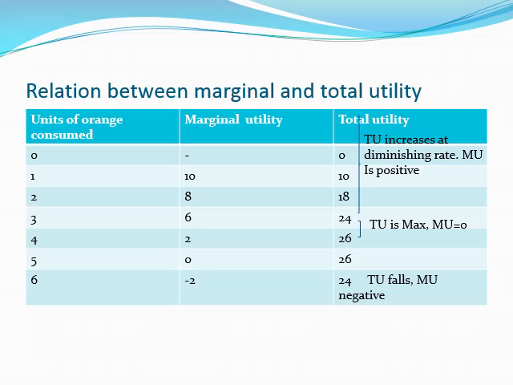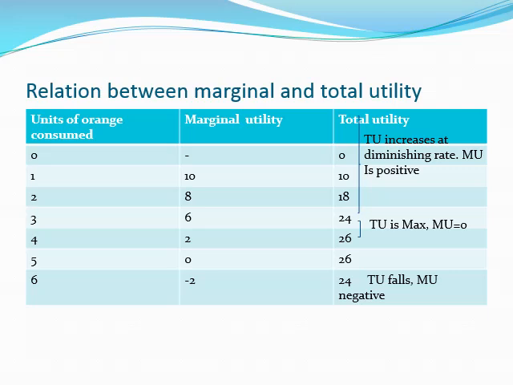The second gives marginal utility equal to 8, and obviously the total utility equals 10 plus 8 equals 18. The third gives marginal utility equal to 6 utils, and 6 utils plus 18 equals 24 utils.